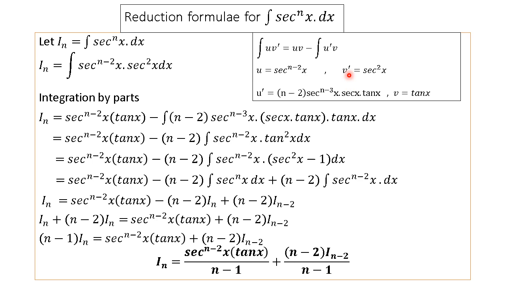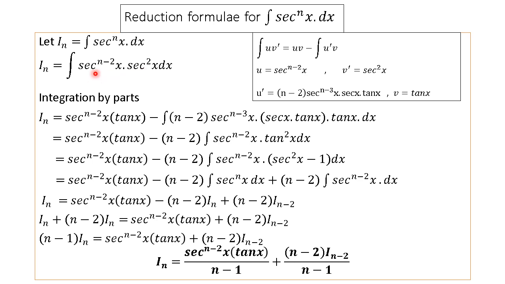Here choose v dash, or dv, equal to secant square x. We know that integration of v dash is v, and integration of secant square x is tan x.